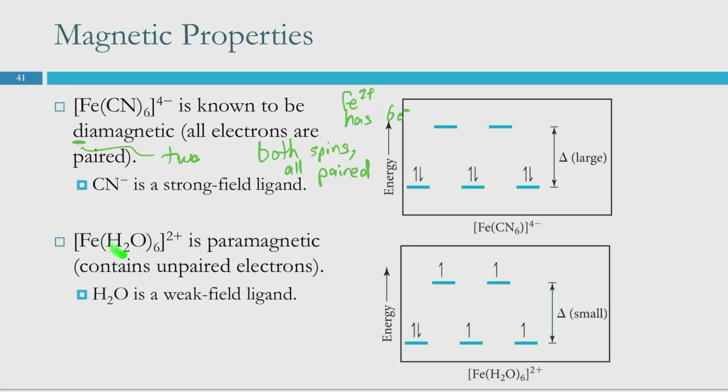However, if you pair it with water, water is a weak field ligand. So we've still got 6 electrons. But because it's a small splitting energy, and it's not represented here, they don't pair up. And so they're paramagnetic.